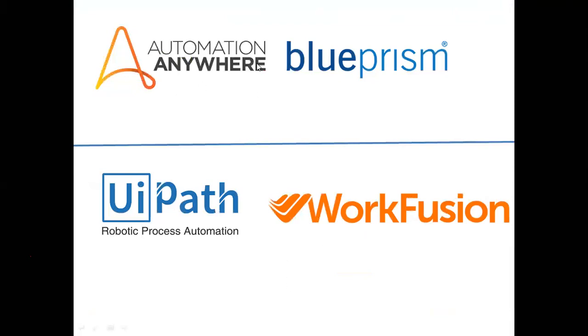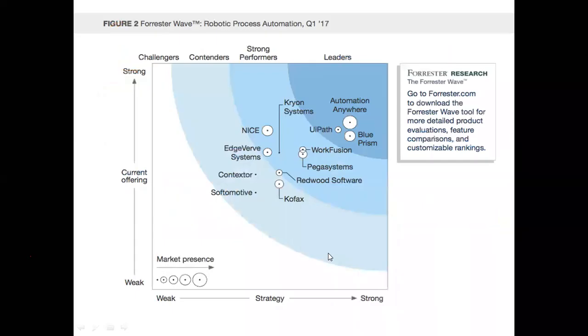We are going to teach two of these, Automation Anywhere and Blue Prism, and give you a light introduction to UiPath and WorkFusion. In the first quarter of 2017, as per the Forrester Wave for Robotic Process Automation, the strong leaders in the market are Automation Anywhere, Blue Prism, and UiPath.